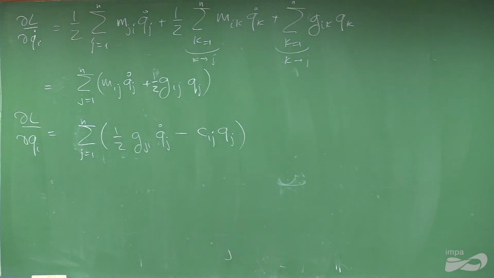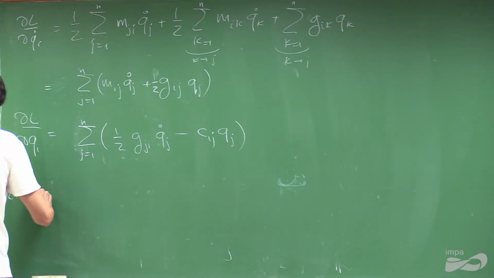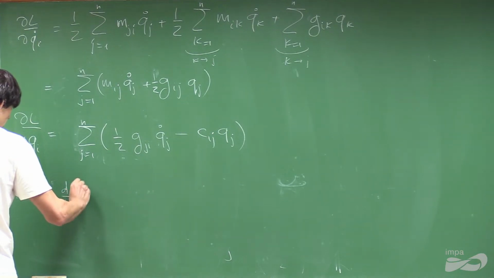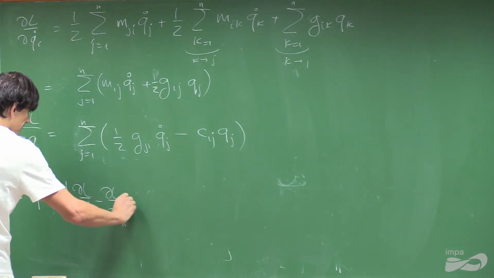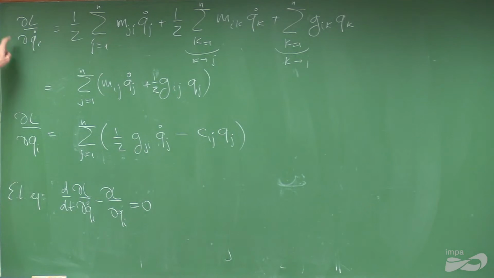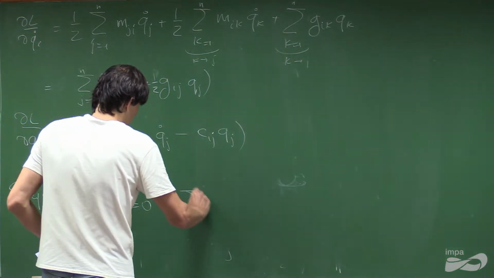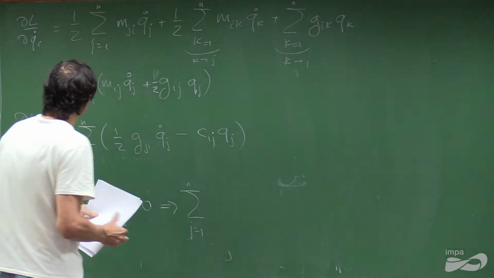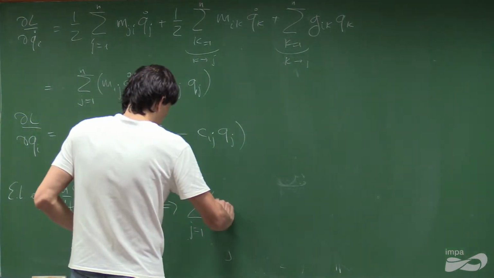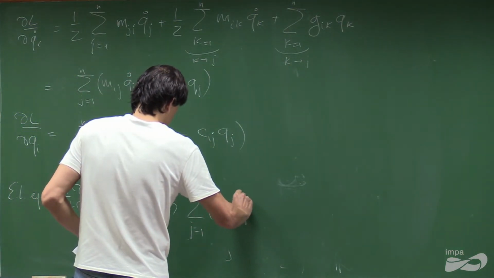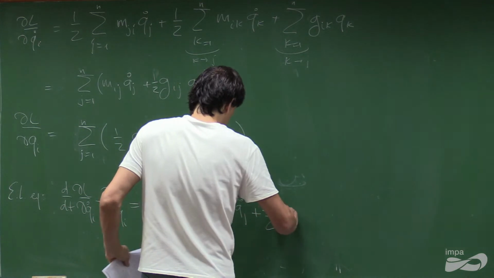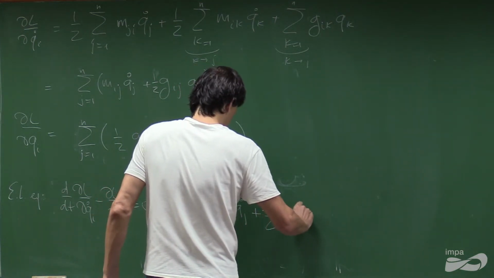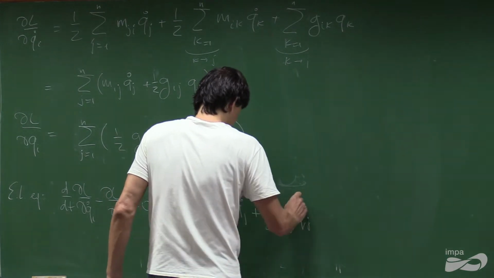Just check it. And then the Euler-Lagrange equation is d/dt of dL/dq_i dot minus dL/dq_i equals 0. So you differentiate the first by time and subtract the second. So when you differentiate the first by time, you get m_ij q_j second derivative. Then it will be plus 1/2 g_ij q_j dot.